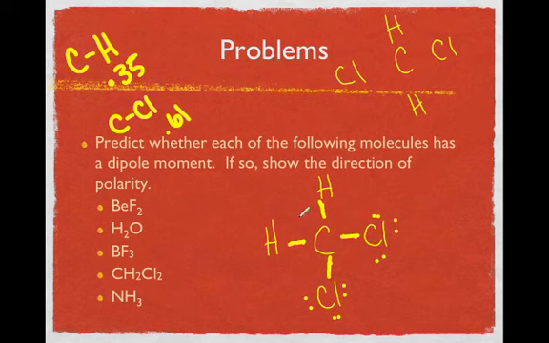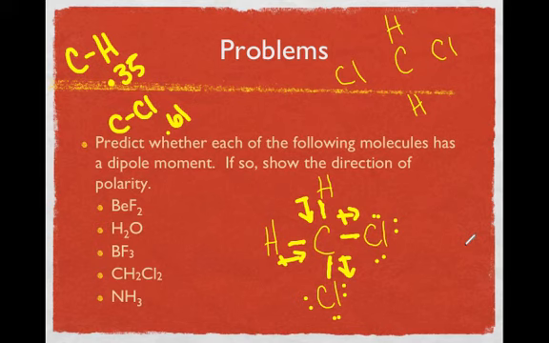So now let's draw our arrows towards the more electronegative. For hydrogen and carbon, which one's more negative? It's carbon. How do you know that? It's the larger number on your electronegativity chart. And chlorine is the more negative, right? Okay. So there are my arrows for the polar bonds.